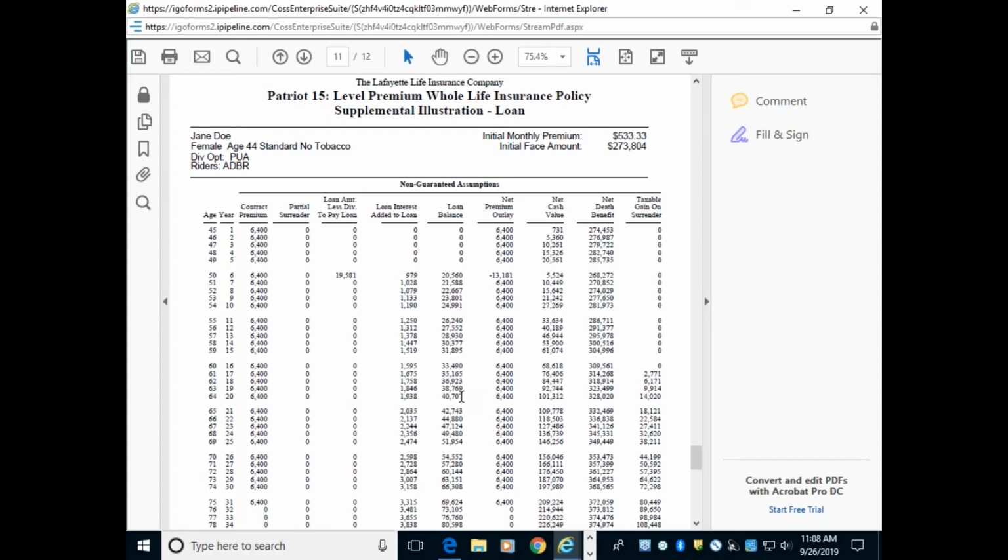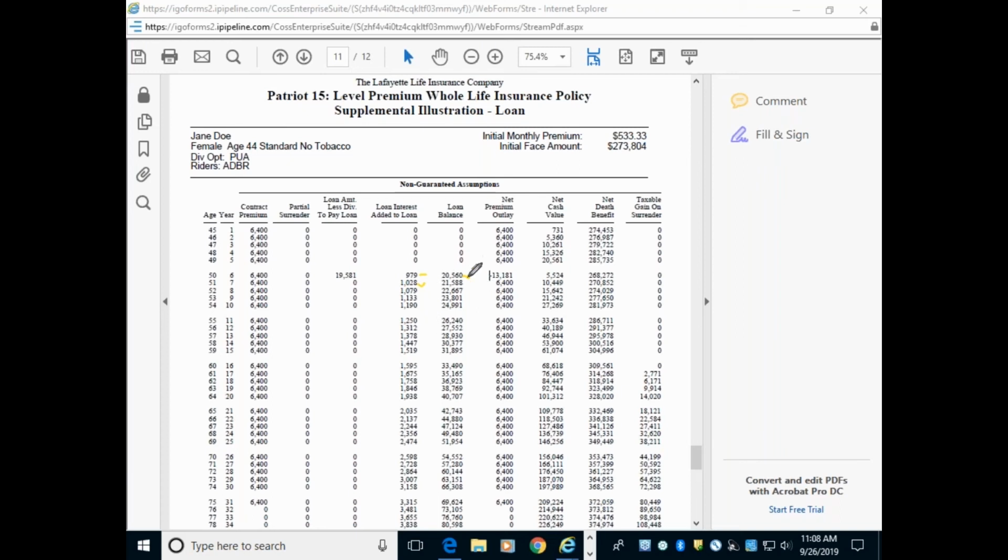So what you're going to see is the first year of $979 as the interest amount. The next year's interest is going to be based on the balance. So 5% of $20,560 is our $1,028, and so on and so on.